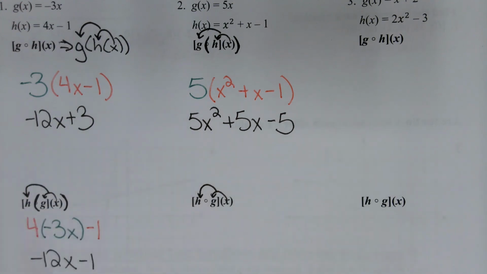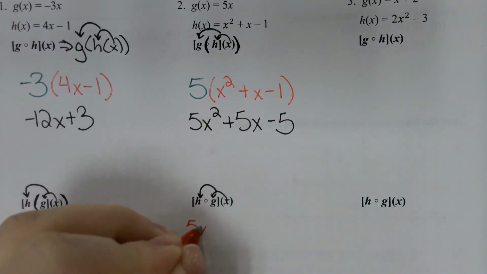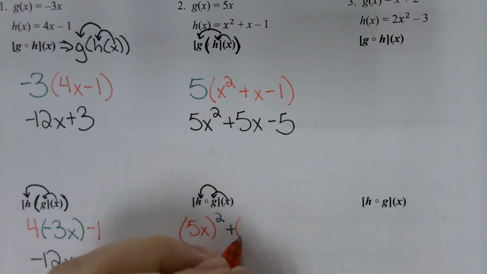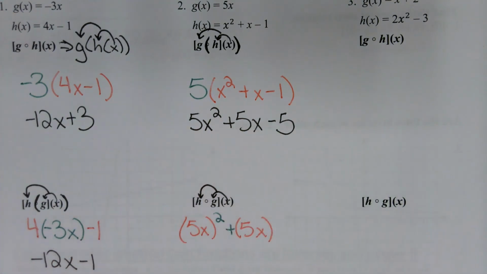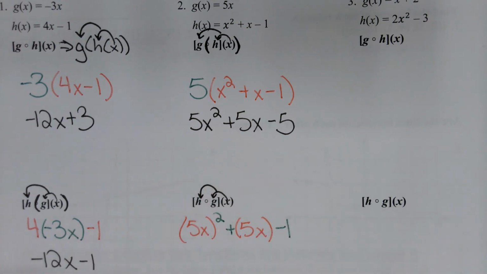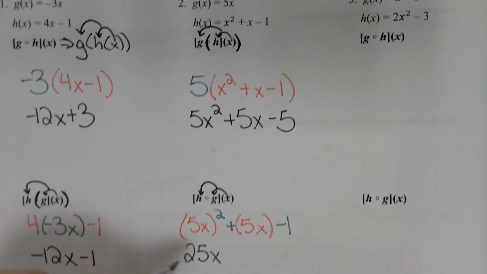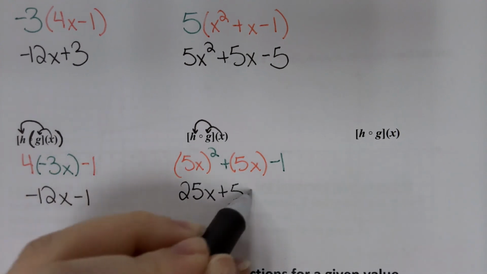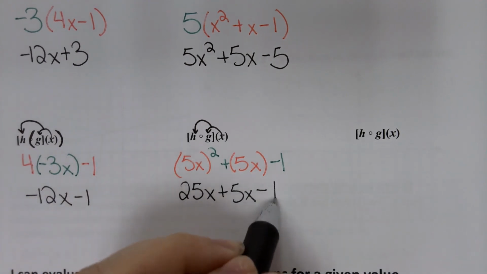So we have 5x in parentheses squared plus 5x again minus 1. So 5x squared is 25x squared plus 5x minus 1.